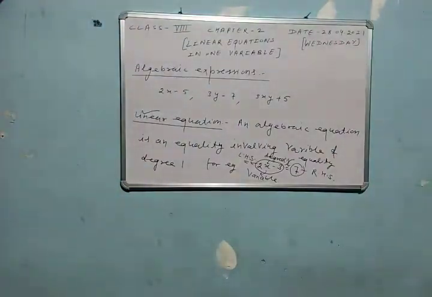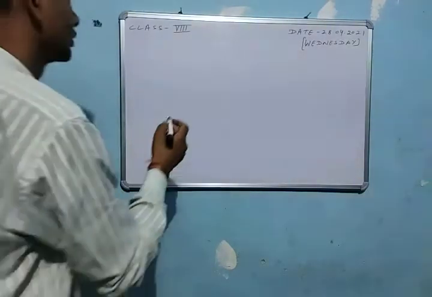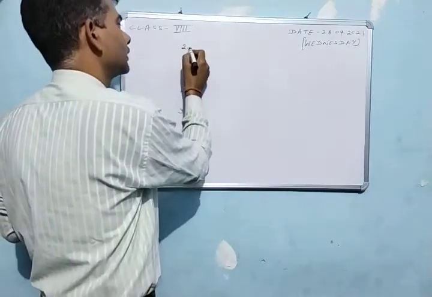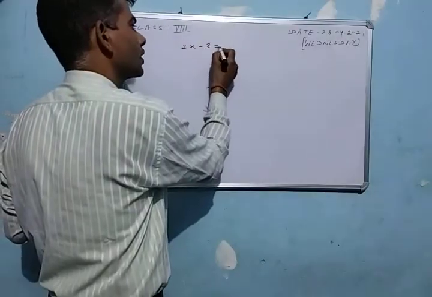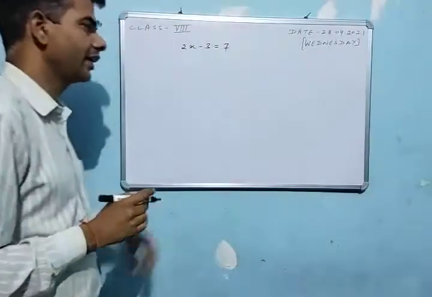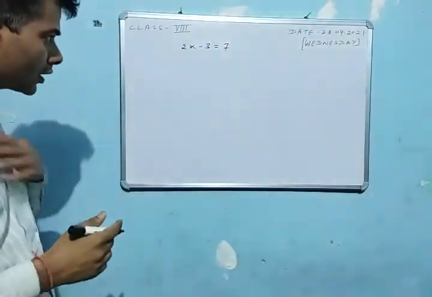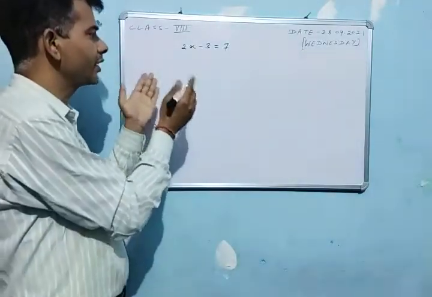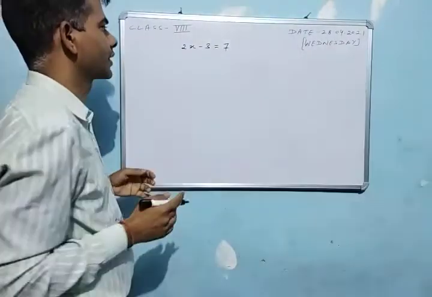Students, 2x minus 3 is equal to 7 is a linear equation. How can we find out the value of x?